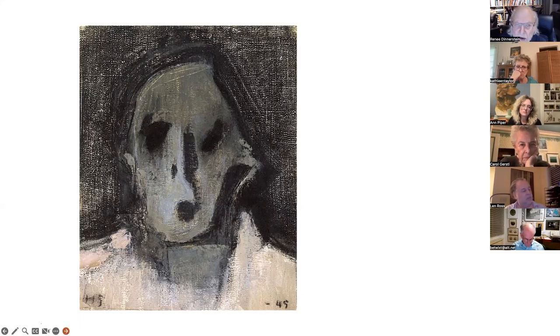This is not very big at all. This is maybe, I would say, 12 inches, 14 inches high. Very, very striking, very upending. It reminds me of Munch. Yes, yeah.